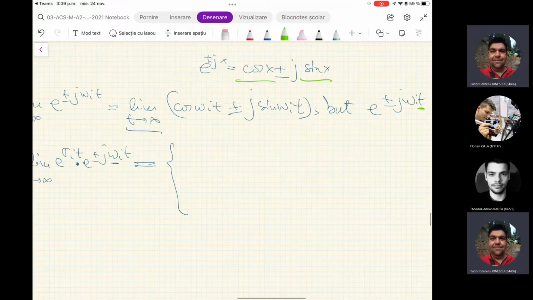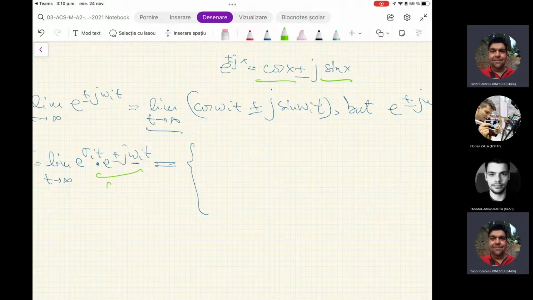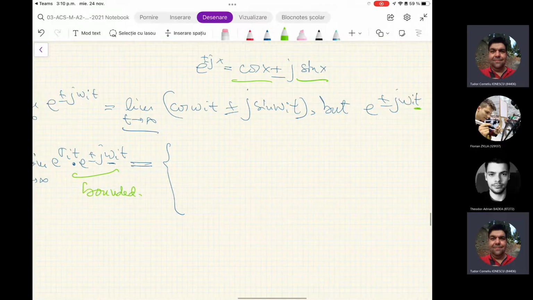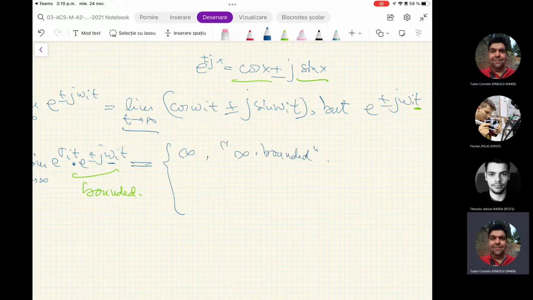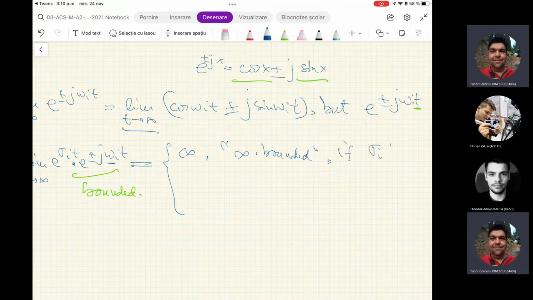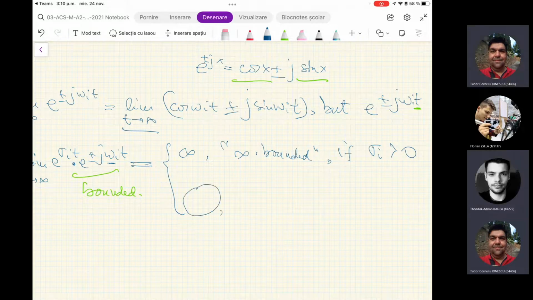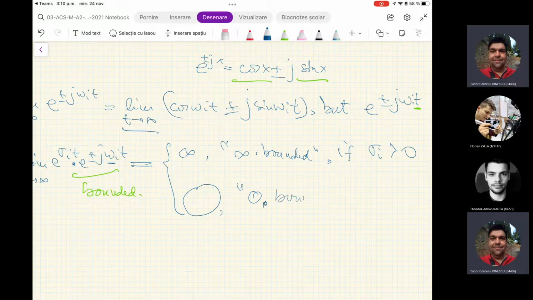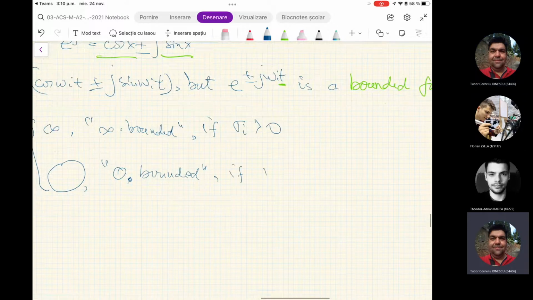Very good. So this is always bounded, even if the limit doesn't exist. So what's the limit of this guy? Now we can assess. It's infinity if sigma i is positive, because you have infinity times bounded. And zero if sigma i is negative, because you have 0 times bounded.